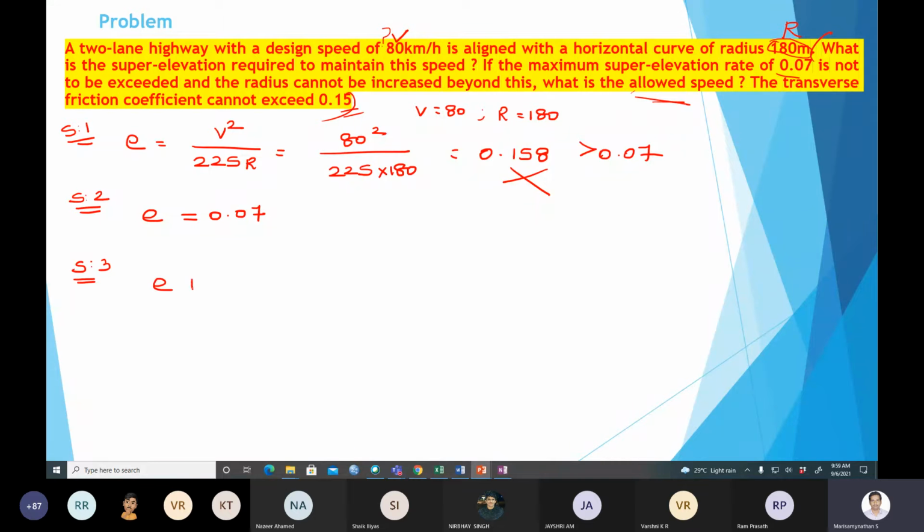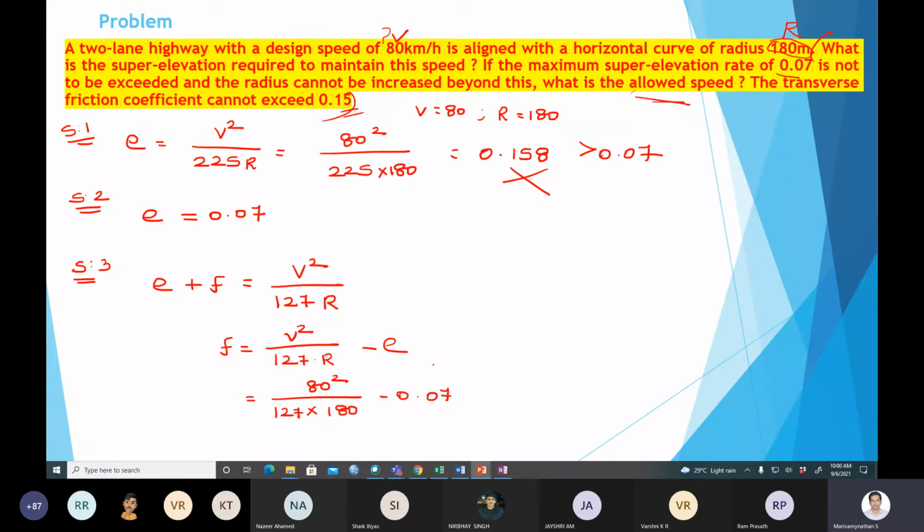So the equation is E plus F is equal to V square divided by 127 into R. The previous problem we have seen, right? So F is equal to V square divided by 127 into R minus E. So V square is nothing but 80 square divided by 127 into radius, which is 180 meter. Then the super elevation is 0.07.